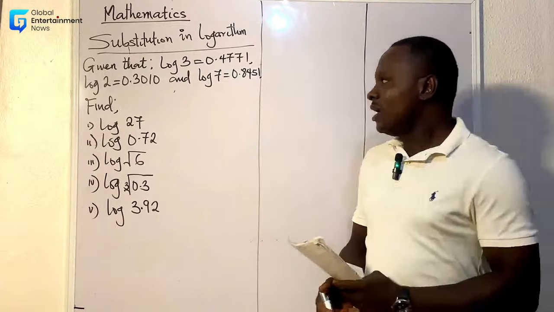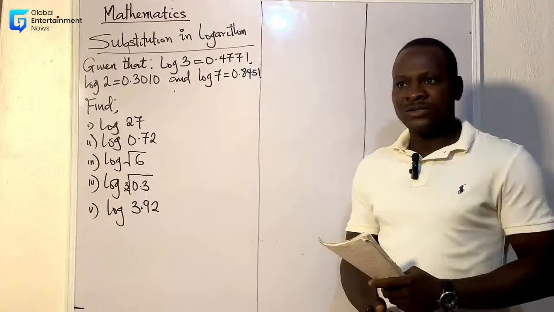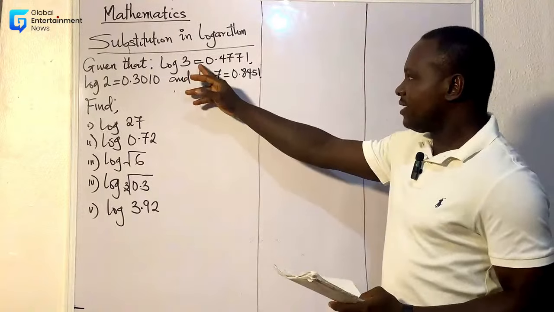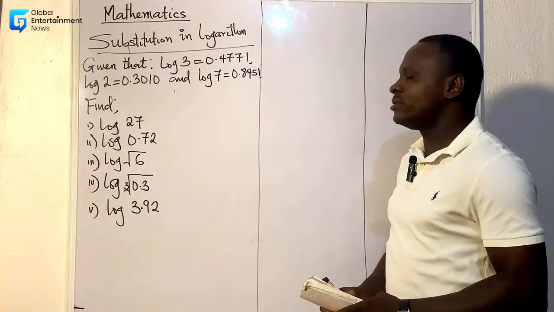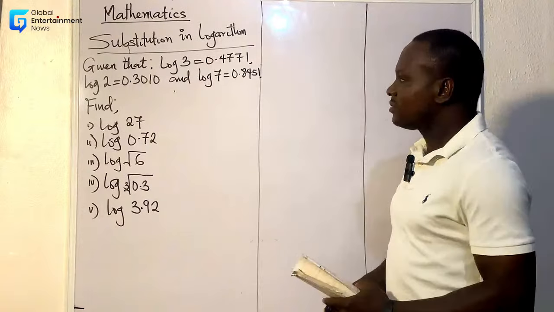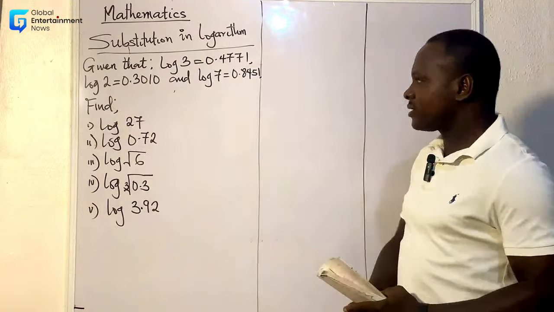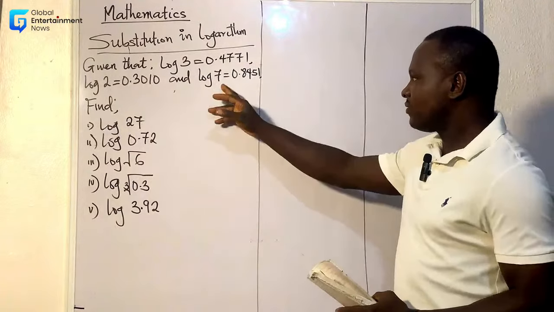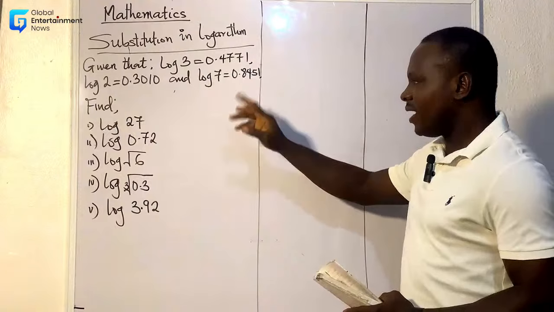If you look at the questions on the board, the question says, given that log 3 is equal to 0.4771, log 2 is equal to 0.3010, and log 7 is equal to 0.8451.